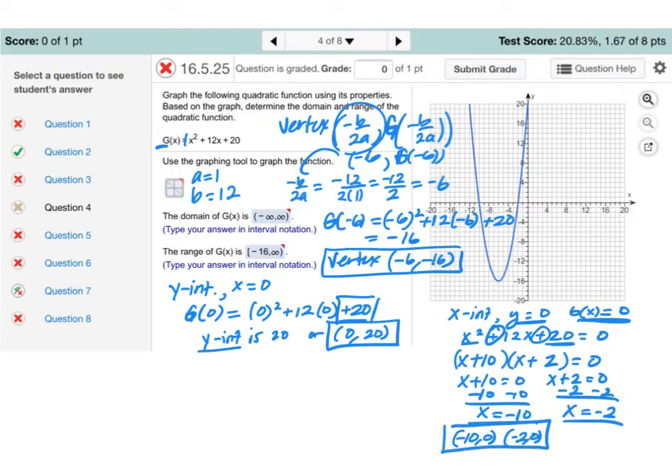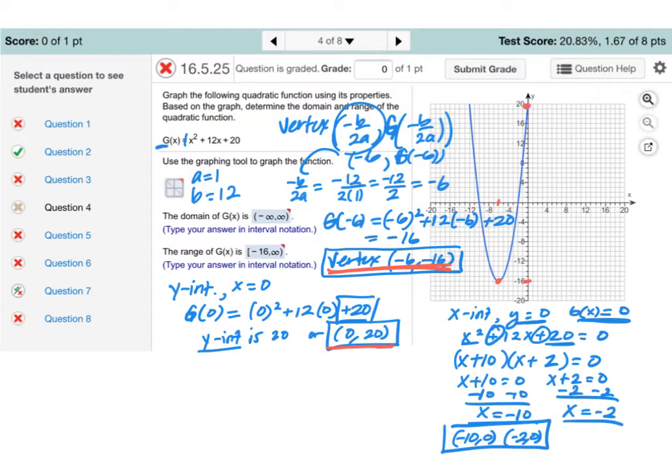Okay, so in order to graph the quadratic, the first thing we want to plot is the vertex. We have negative 6 falls in between the negative 8 and negative 4. Negative 16, so we have negative 6, negative 16. And then we can plot the y-intercept, which is the point 0, 20.